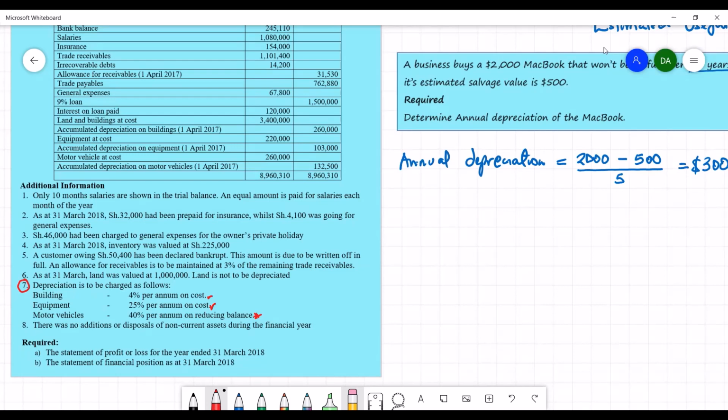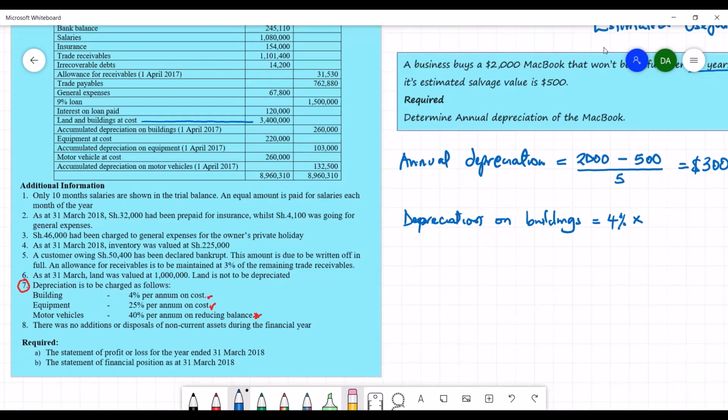If we are applying straight line method, then we calculate depreciation for these assets as follows, starting with the buildings. Depreciation on buildings is equal to 4% on the cost of the buildings. The cost of the land and building is 3.4 million.